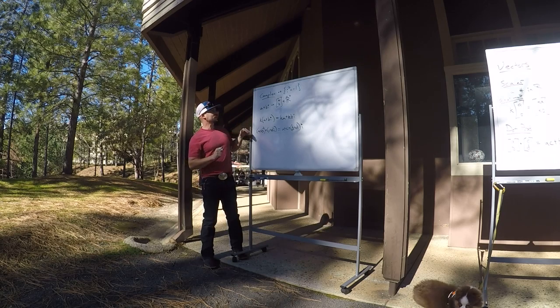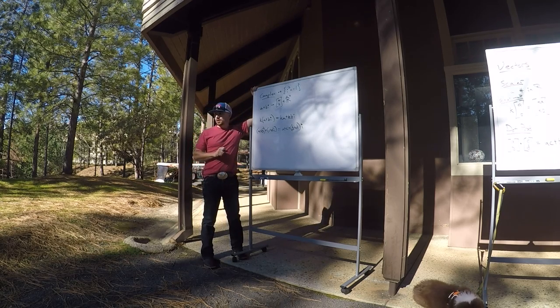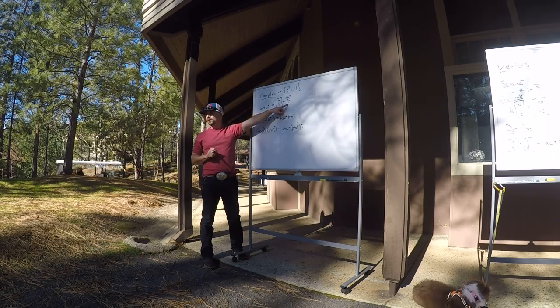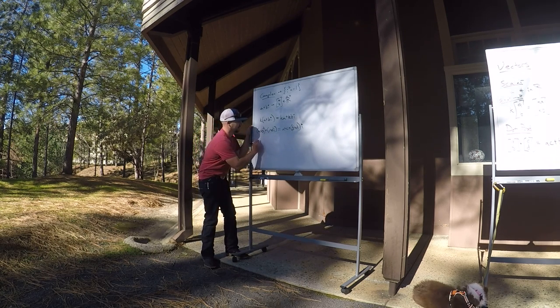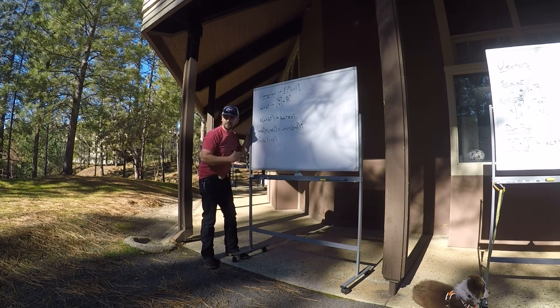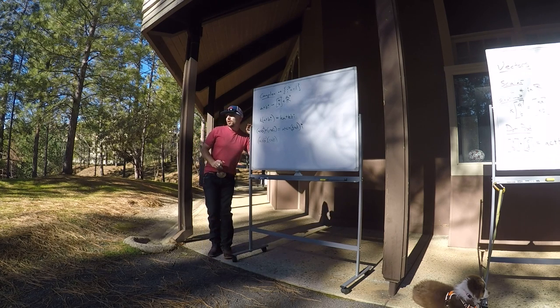So the complex numbers are a special case of the two-dimensional real vectors in that they have a new operation that does not generally exist, vector multiplication. So I can take a plus bi and multiply it by c plus di. This is something that we won't see with vectors generally.